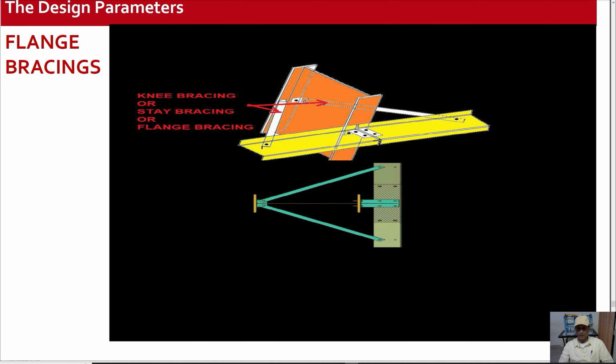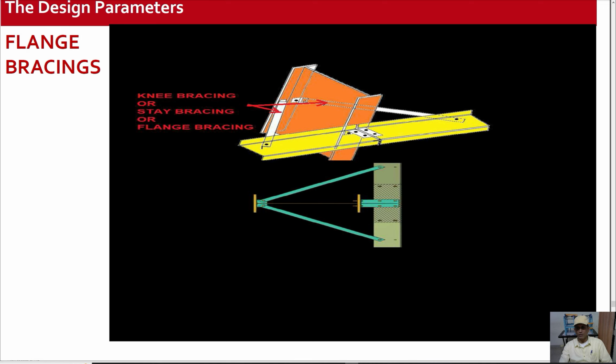A bit on flange bracing. See, some angle members are usually provided from the girders or the purlins to the flanges to provide resistance to the compression flange against lateral direction as well as torsional resistance. So flange braces provide resistance to the compression flanges, but at times we may have to check the adequacy of this flange brace.